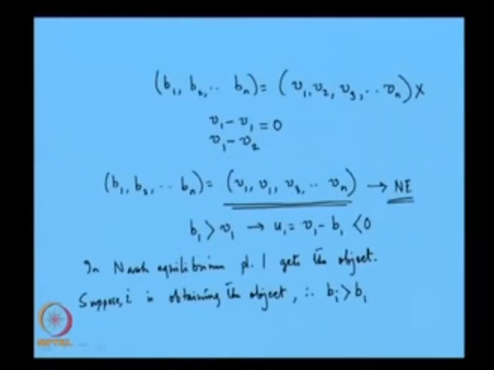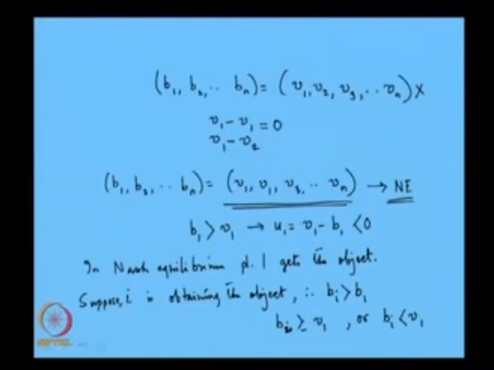Now, if B I is greater than B 1, then it can happen in two cases, because I do not know exactly the value of B 1. So, there are two cases: one is B I is greater than or equal to V 1, or B I is less than V 1. These are the only two possibilities.